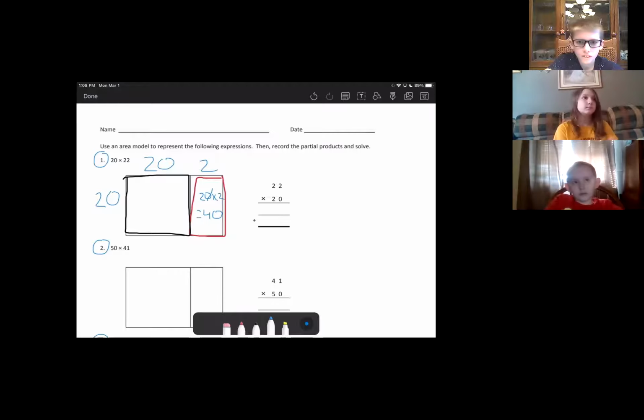Right, we can multiply 20 times 20. And what does that equal, Nina? It equals 400. Right, I can cross off my zeros and add them to my answer. And then I'm left with 2 times 2, which equals 4.